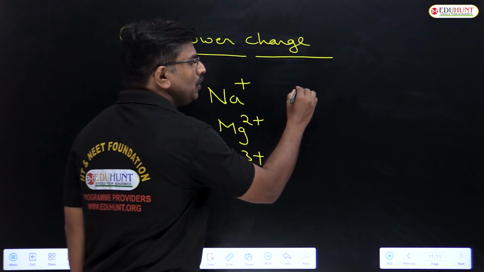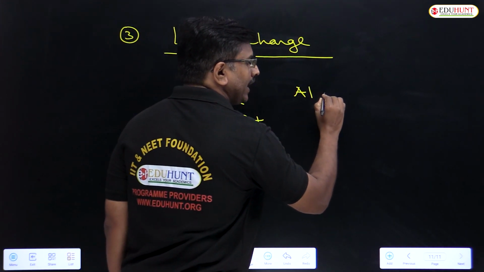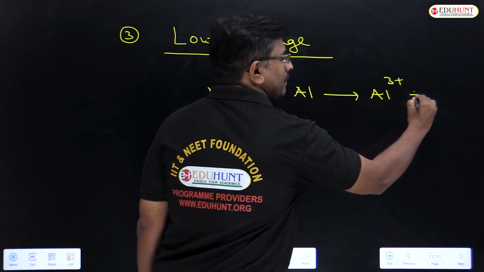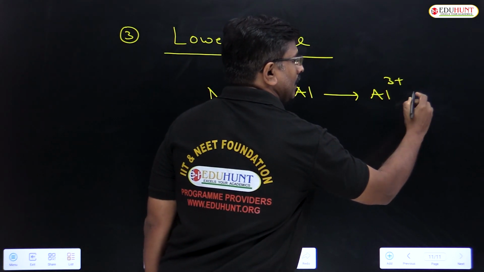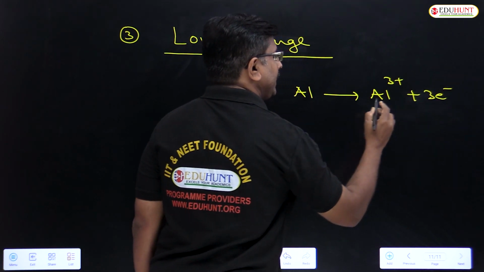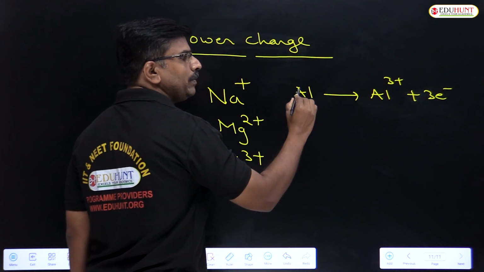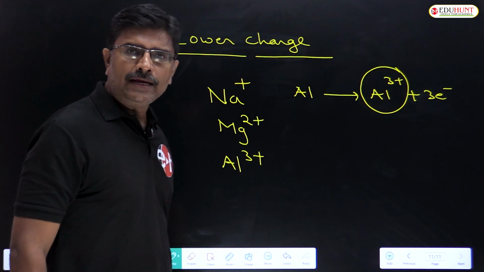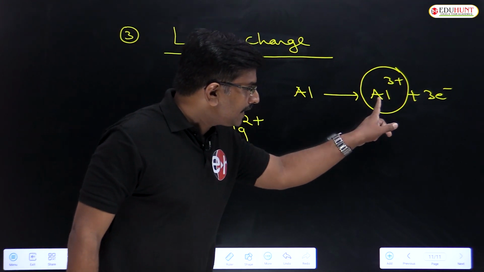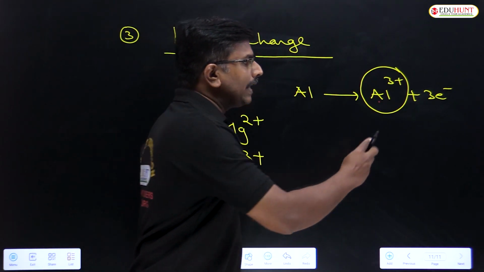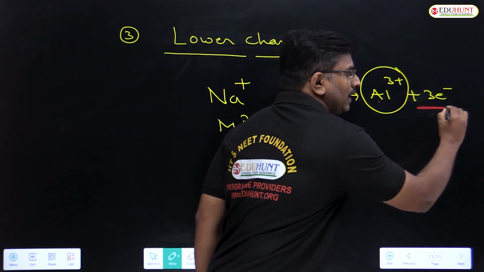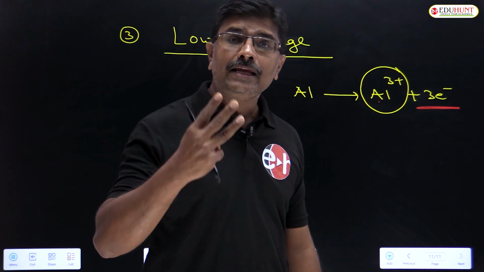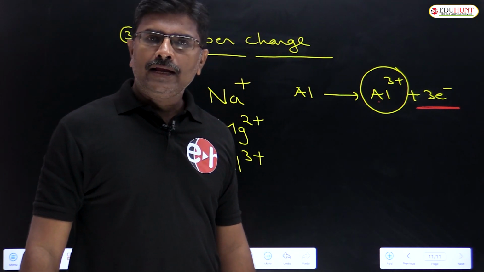From aluminum, if we take away 3 electrons, then only aluminum converts into an Al3+ ion. So for Al3+ to be obtained, 3 electrons are to be removed.